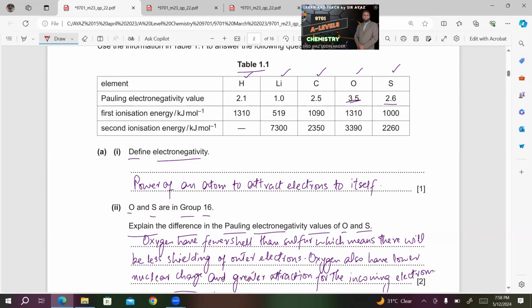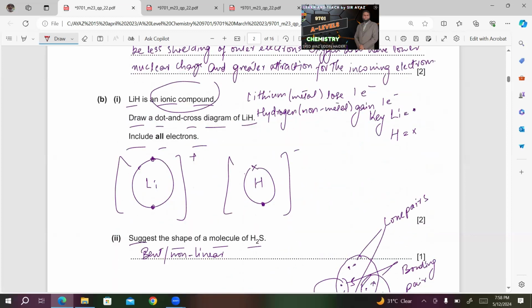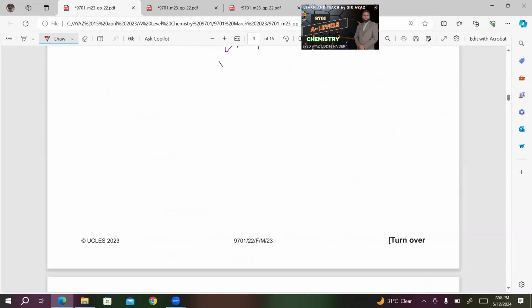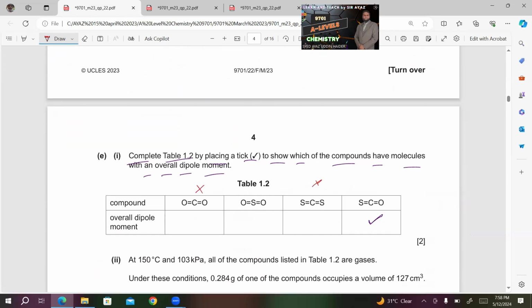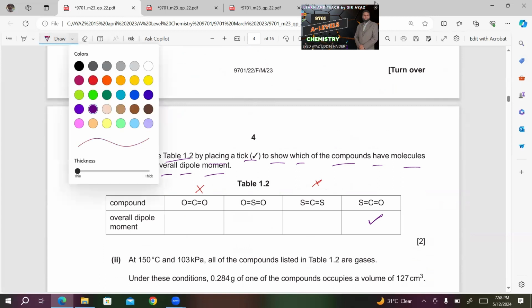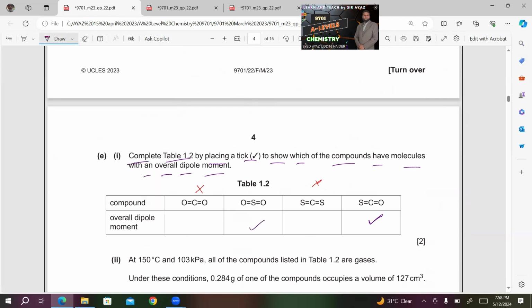If you compare the ionization energy of sulfur with oxygen, the first ionization energy of sulfur is very low, which means it's easier for sulfur to lose an electron, while for oxygen it's very difficult to lose the first electron. And look at the second value: the second ionization energy of oxygen is much higher than that of sulfur. So there must be a dipole in the case of SO2. So you write a tick here.